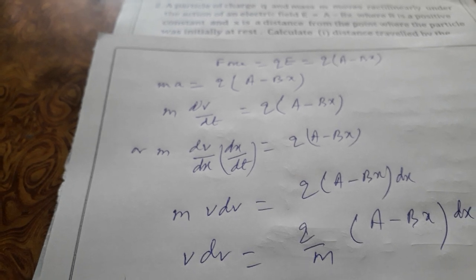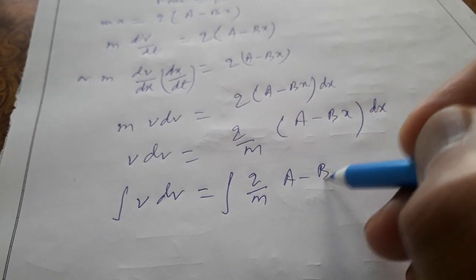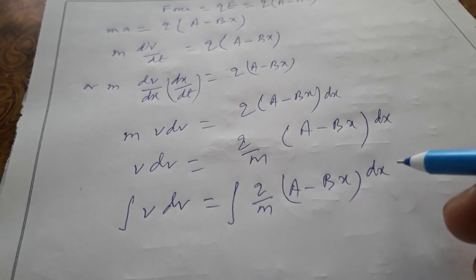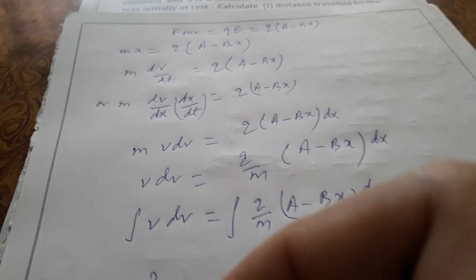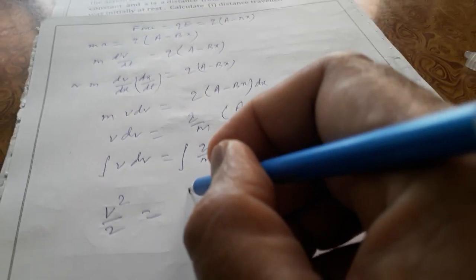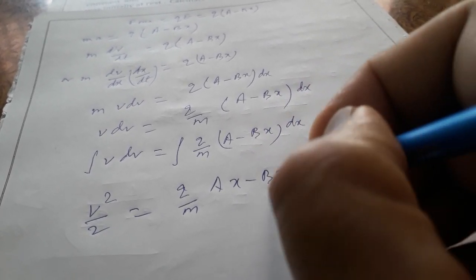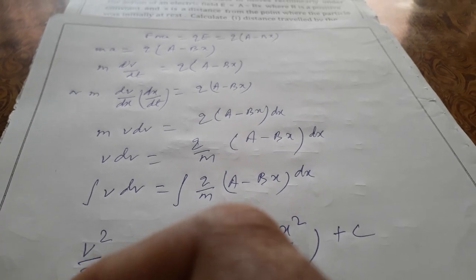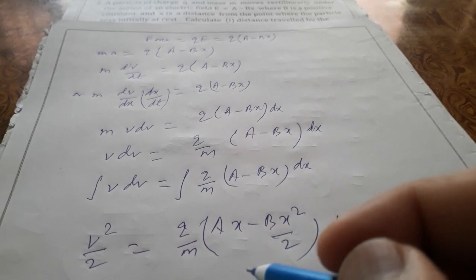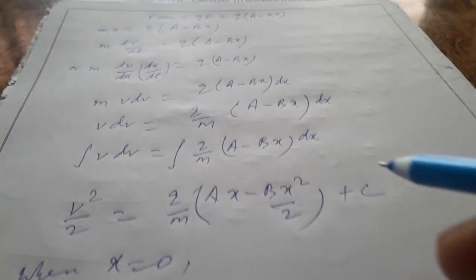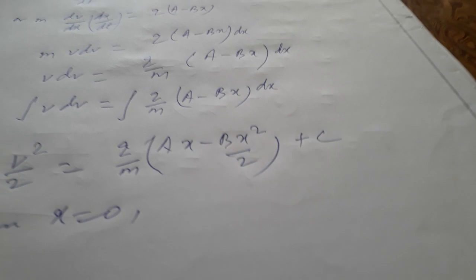Now integrating on both sides, v square by 2 equal to Q by m into Ax minus Bx square by 2, plus a constant C. So when x equal to 0, that means when the particle was initially at rest, then v equal to 0.